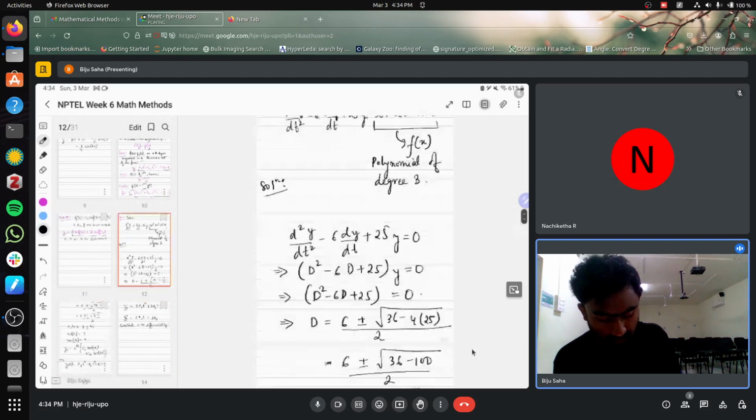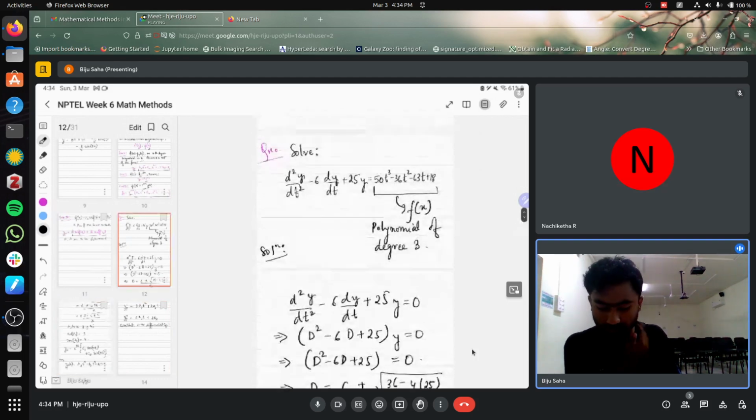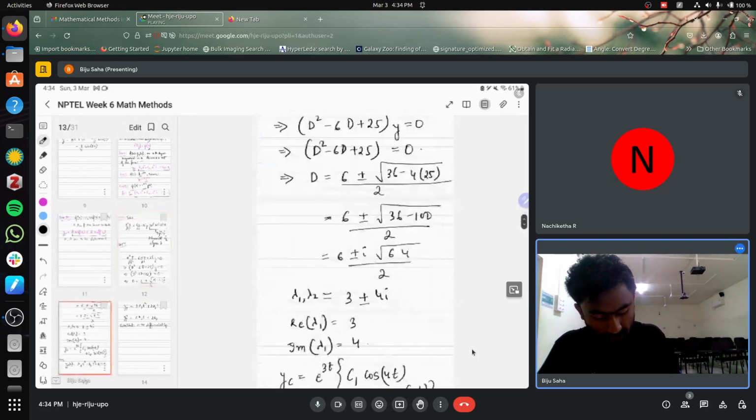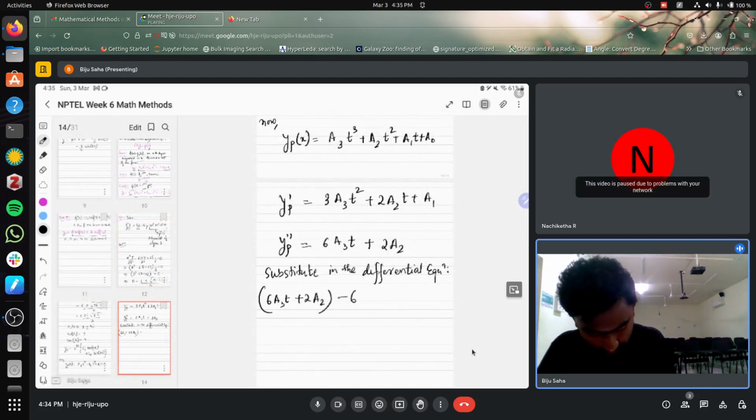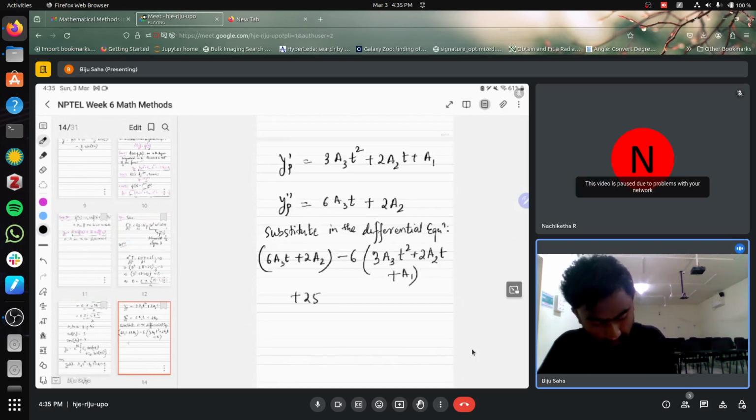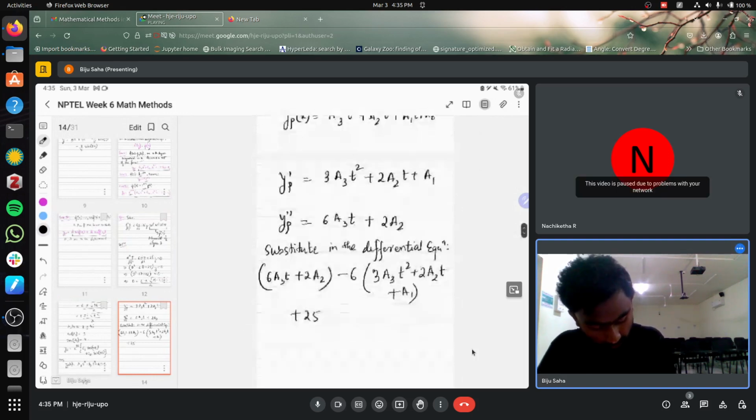So this was my differential equation. First I have to substitute this: 6a3t plus 2a2, then minus of 6 into this first order derivative, and then plus 25 of the y itself.